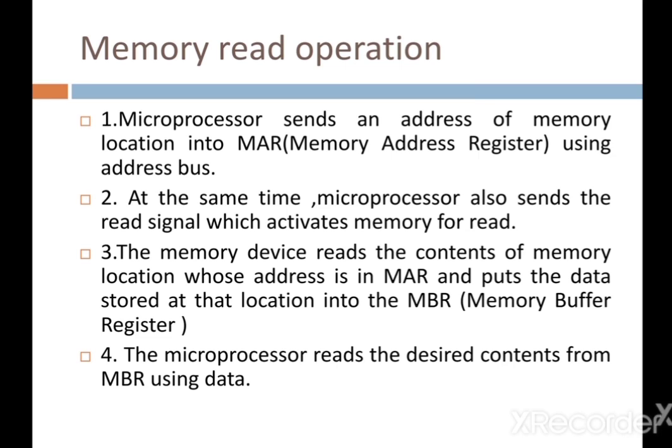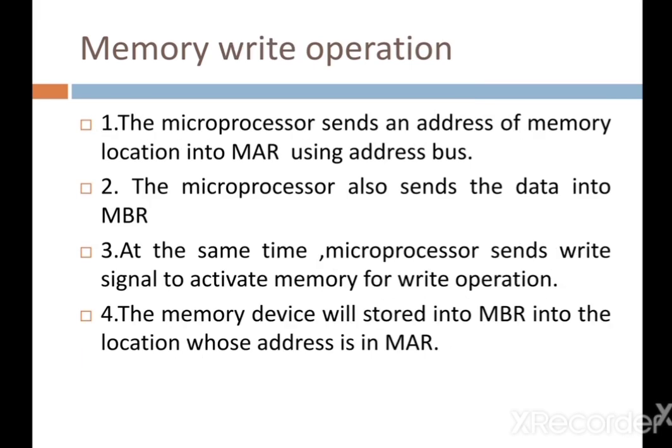Third step, the memory device reads the content of the memory location whose address is in the MAR and puts the data stored at that location into the MBR, that means memory buffer register. And at last, fourth step, the microprocessor reads the desired contents from the MBR, the memory buffer register.